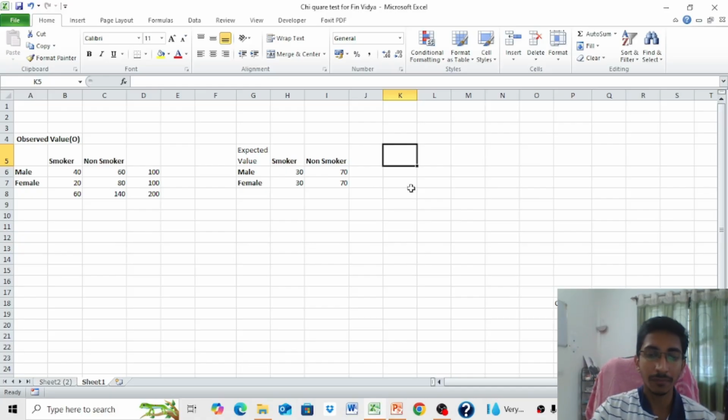So we put the formula: open the bracket, observed minus expected. As it is squared, I multiply the same, observed minus expected, now divided by expected, done.